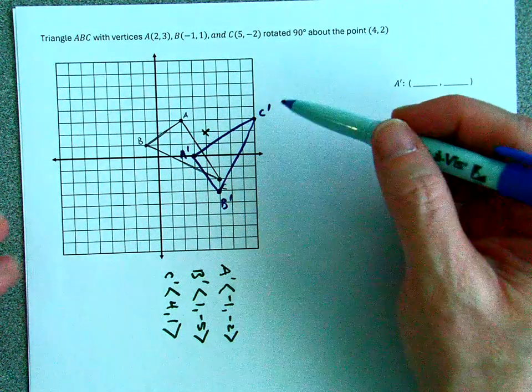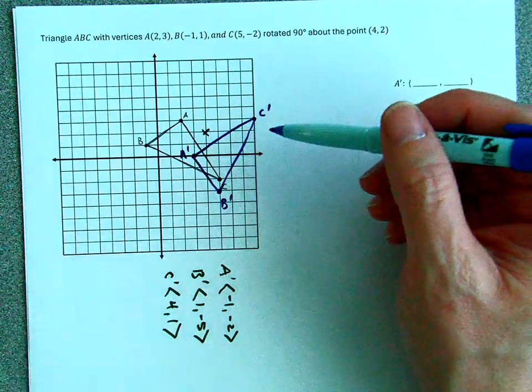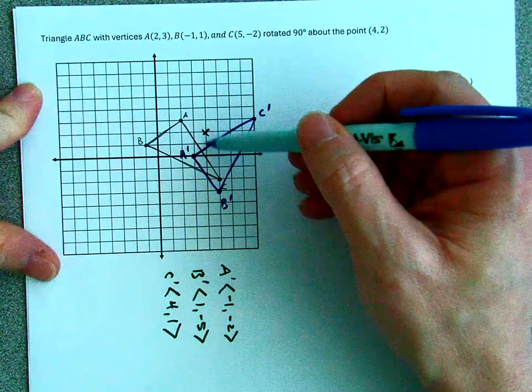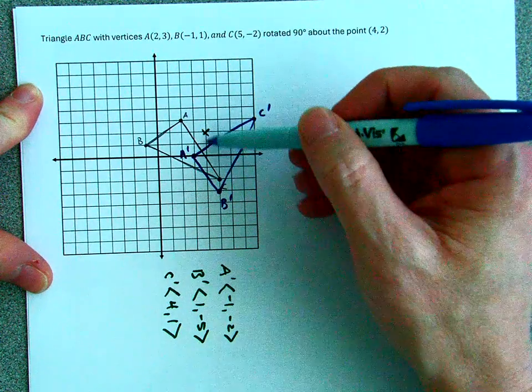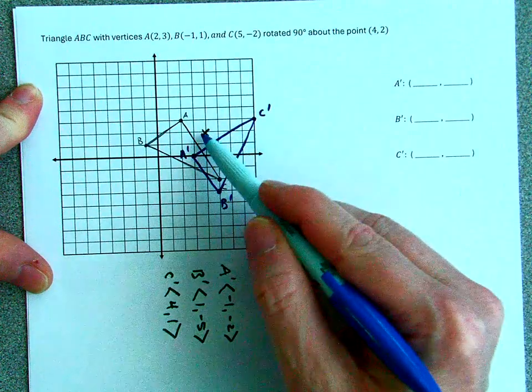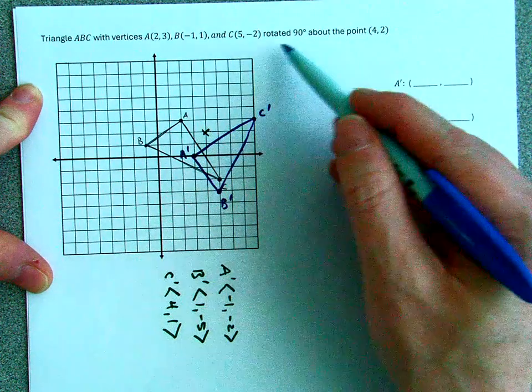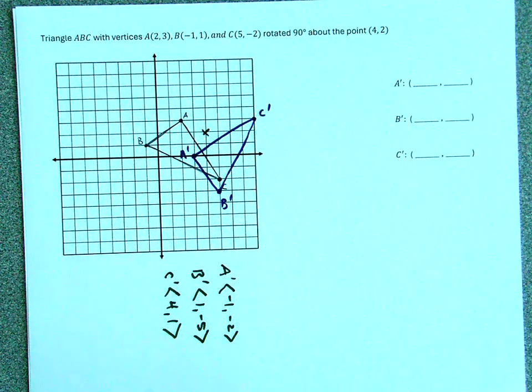If you want to envision it this way, because sometimes it's kind of hard to see if you did it correctly. So if I draw a line from the center to C and then another straight line out to C prime, if it doesn't meet at a 90-degree angle, then I didn't really rotate it 90 degrees. I guess that makes sense if you want to kind of envision that.